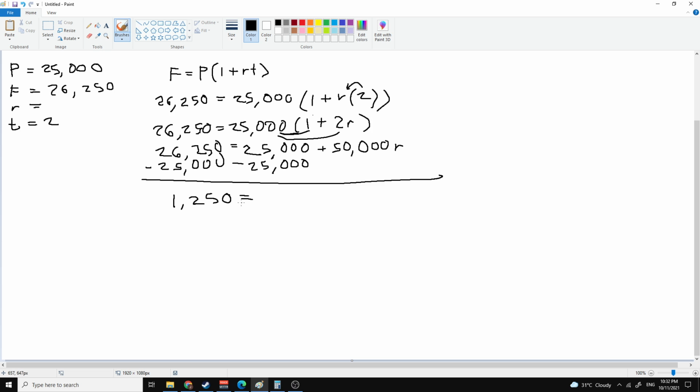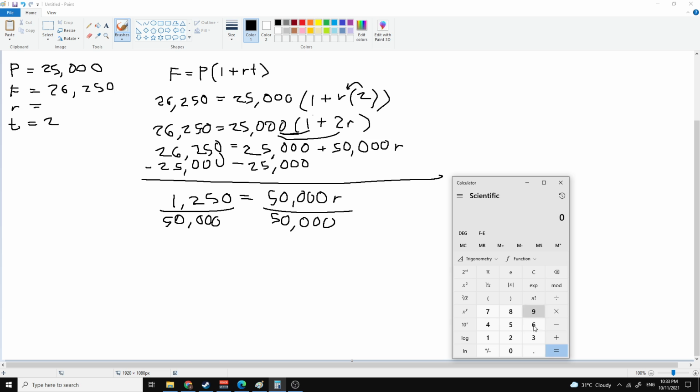Subtracting 25,000 on both sides, it's going to be 1,250 on the future side, and on the interest rate side, we have 50,000 R. So now we're going to isolate R by dividing both sides by 50,000.